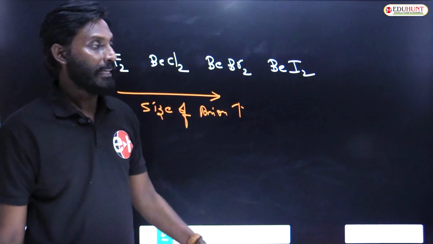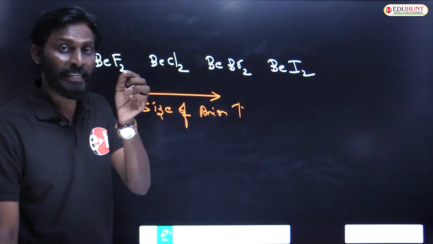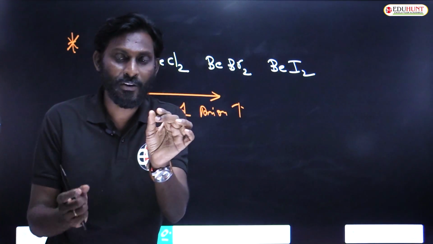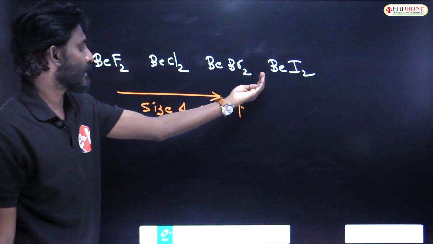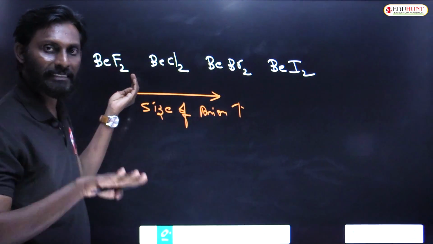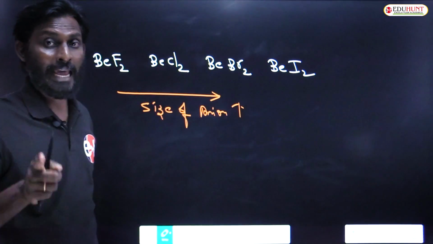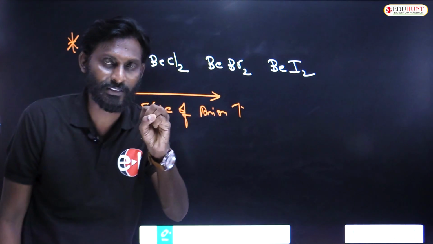That means in this direction the difference is less, because beryllium is a small cation. Small cation, small anions means the difference is less. So in this direction size difference is less, and in this direction size difference is more. I'll explain again. First consider beryllium as the small cation.